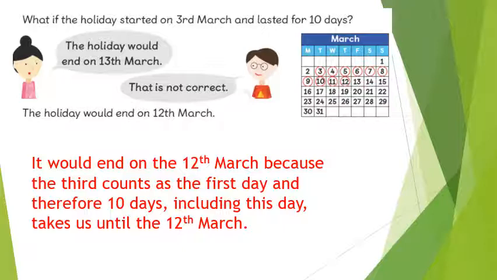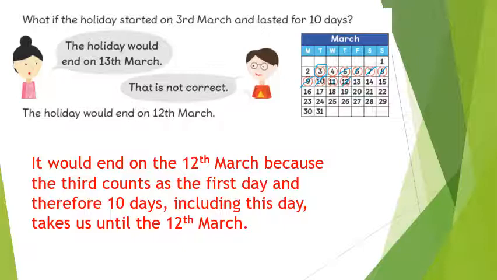If we have a look at the calendar and the circles representing it, we can see that we've got the 3rd as the starting date, so that's day 1. The 4th is day 2, day 3, day 4, 5, 6, 7, 8, 9, and then the last day counts as the 12th of March.